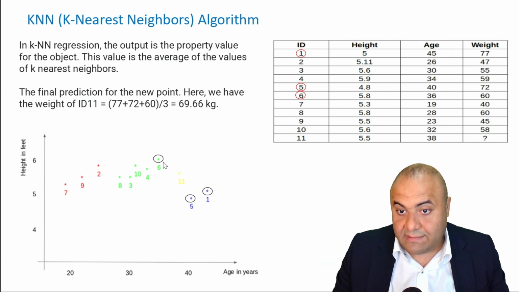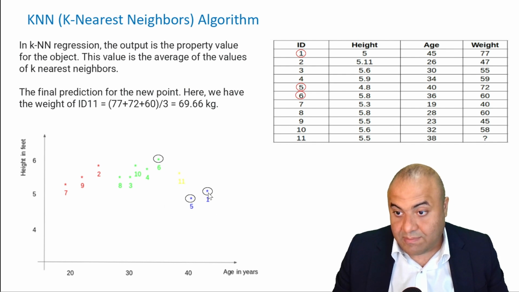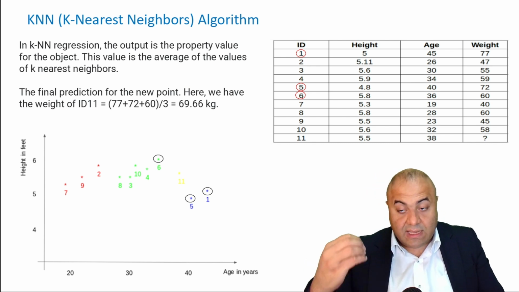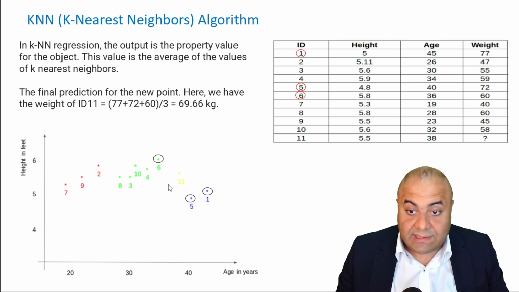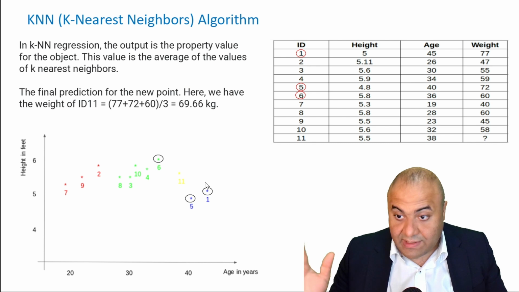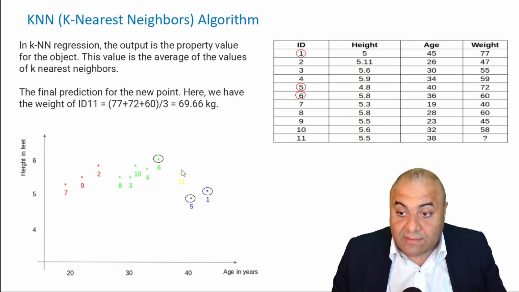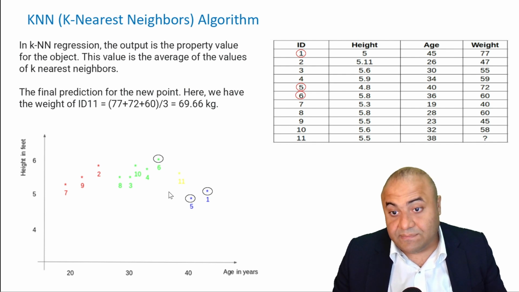We can assign these values on this map, and then we measure the distance to find the closest points, assuming that k equals 3, where k is how many neighbors we want to consider. Of course, we can consider more than 3, even much more, but let's take 3 as a reasonable value in this case.